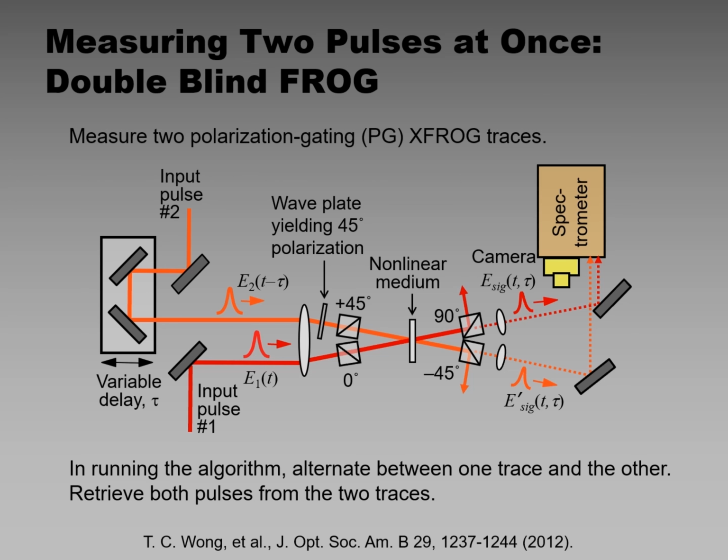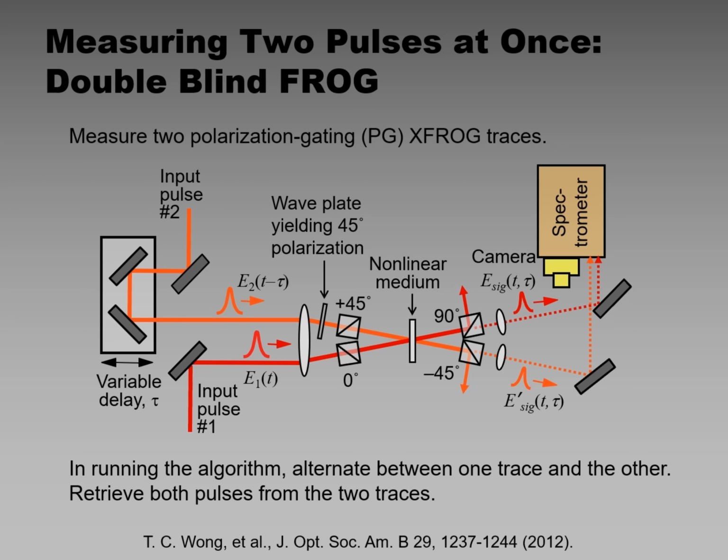Here's an example of a setup for a commonly used spectroscopic technique called polarization spectroscopy, which is basically polarization gating, which we talked about earlier. It involves a 45-degree polarized pulse gating a 0 or 90-degree polarized pulse, slightly rotating the polarization of the latter beam and causing some light to leak through the second of two crossed polarizers when the pulses overlap in time.